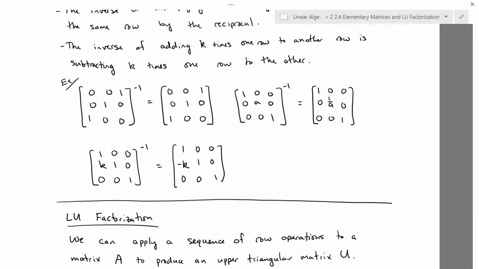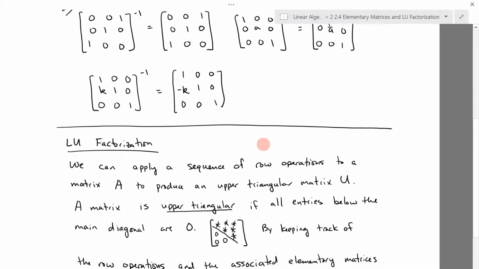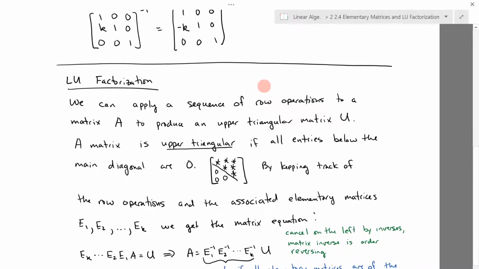Okay, so we have all the tools now to put together what we want, the LU factorization. The idea behind LU factorization is that we can apply a sequence of row operations to a given matrix A to produce an upper triangular matrix U. A matrix is called upper triangular if all the entries below the main diagonal are zeros, right?